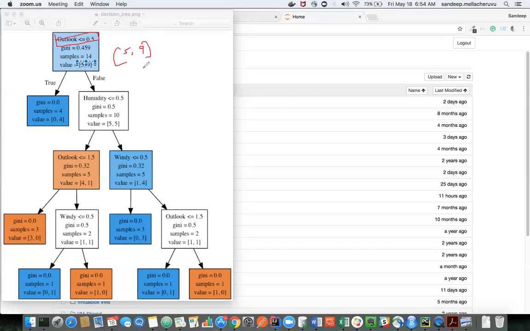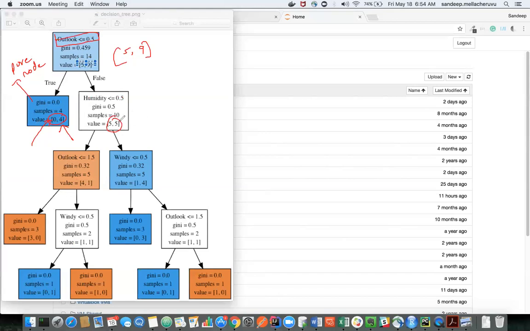Now after splitting, if I am getting one class as 0 and another class as some number, this is called a pure node. If one class is non-zero and all the others are zeros, that is a pure node.